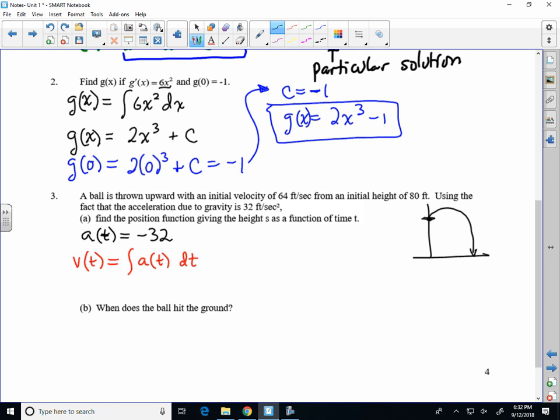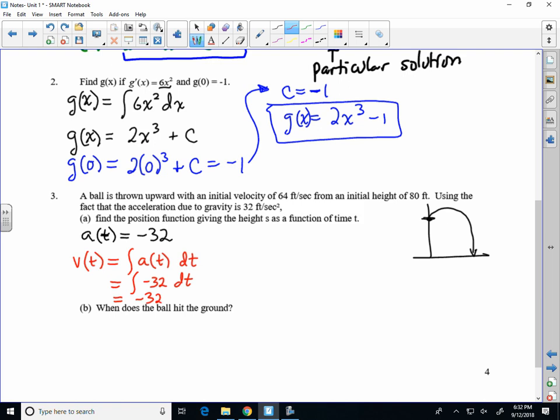All right, so we can find the antiderivative. To come up with the velocity function, we can find the antiderivative of acceleration, negative 32. And what is the antiderivative of negative 32 with respect to t?